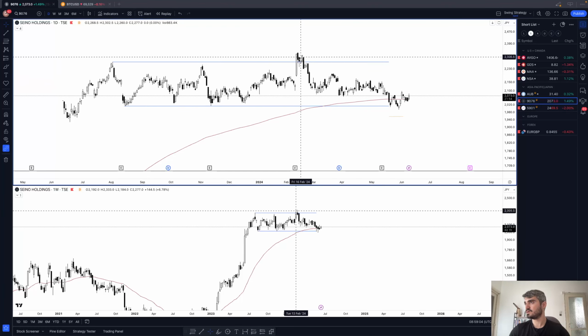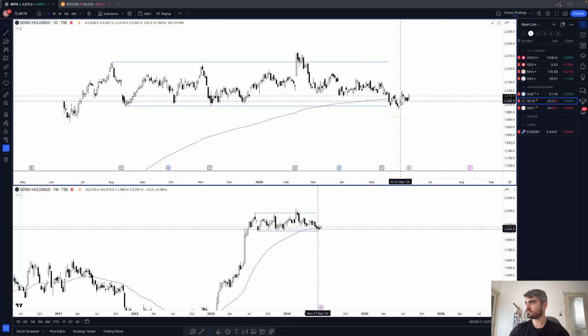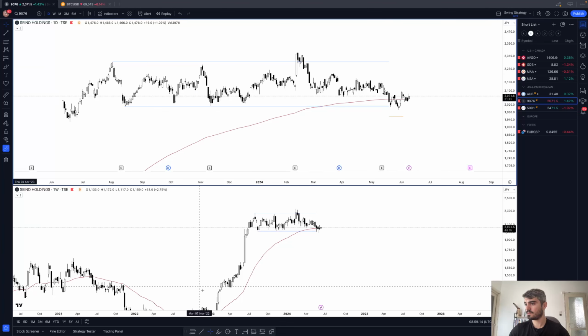You can see that this was the last push on the buyer side, and from then on the sellers are controlling the price action within the pattern.